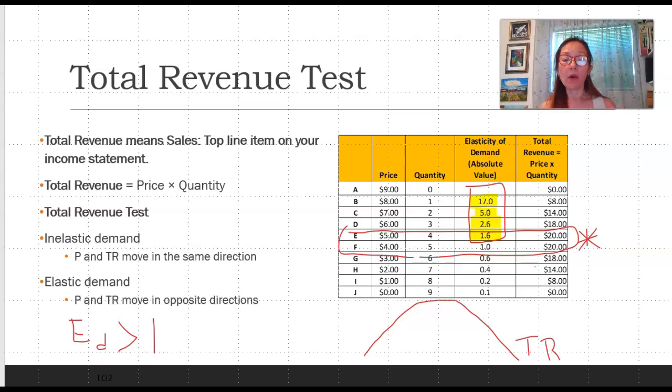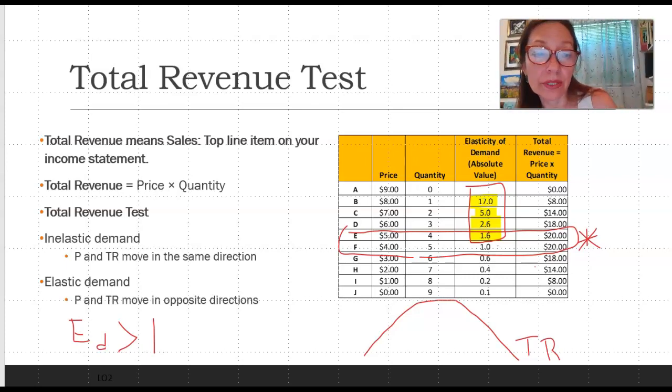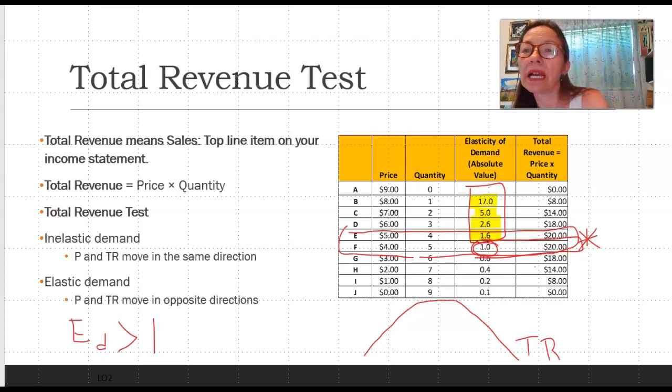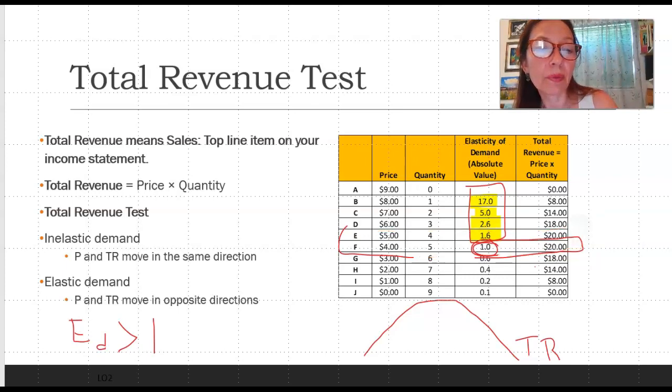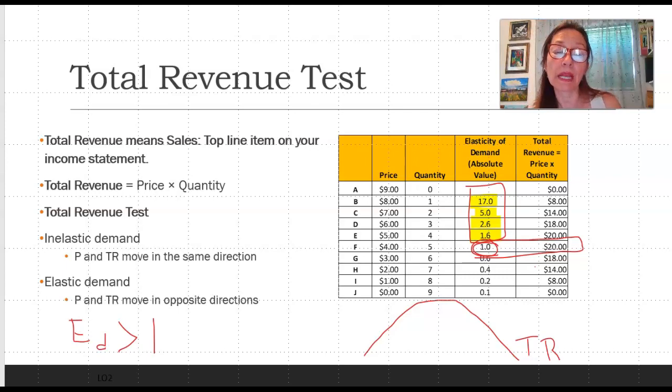Okay, now, at the point where elasticity equals 1, which is right here, okay, we can see that our total revenue is maximized. Now, it does kind of look like at 4 it's maximized too. Remember, we are using arc elasticity, which is a little bit imprecise.